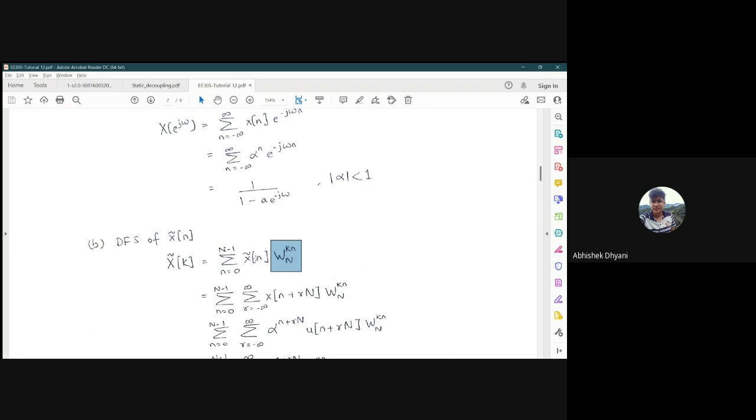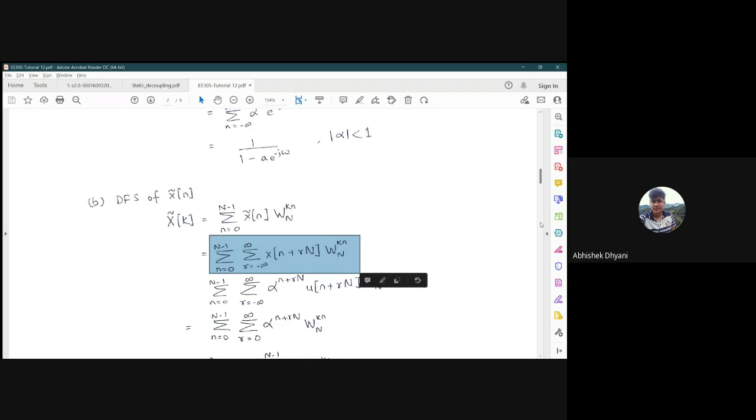Now we can substitute x tilde n here, which was given to us as the summation over R from minus infinity to infinity of x of n plus R N. This was given to us in the question, so I have substituted it here, and this is the whole thing I get now. And what is x of n? x of n was alpha raised to the power n u of n.